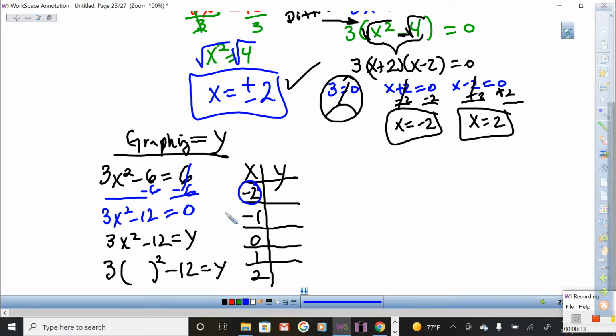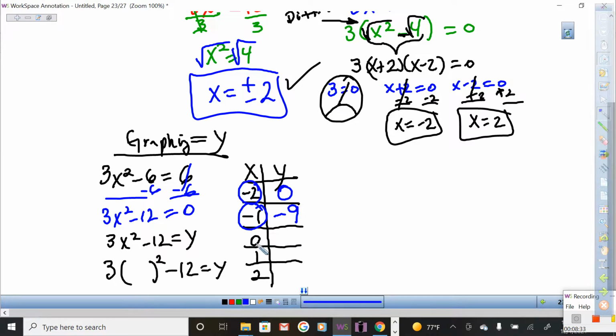If I was to substitute negative 2 right here, what is negative 2 squared? 4 times 3, 12 minus 12, 0. There it is. Next value, negative 1. Negative 1 squared, 1 times 3 minus 12, negative 9.